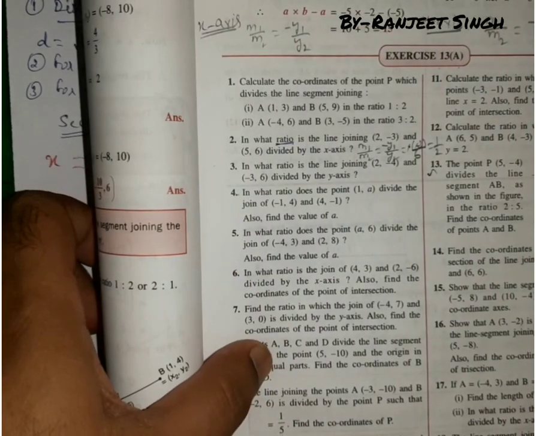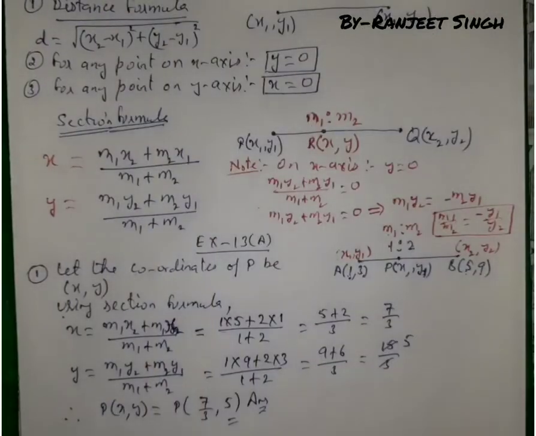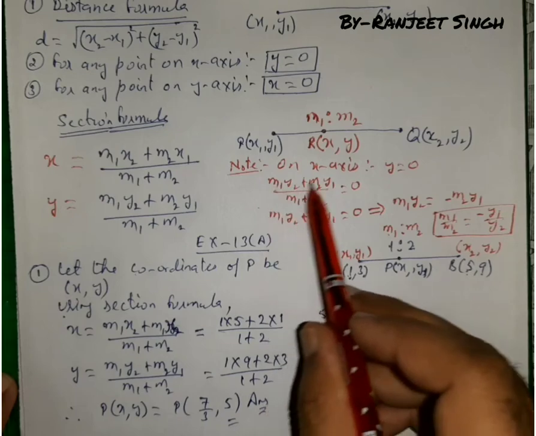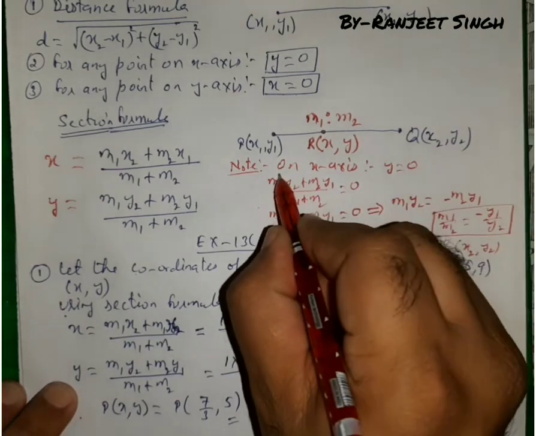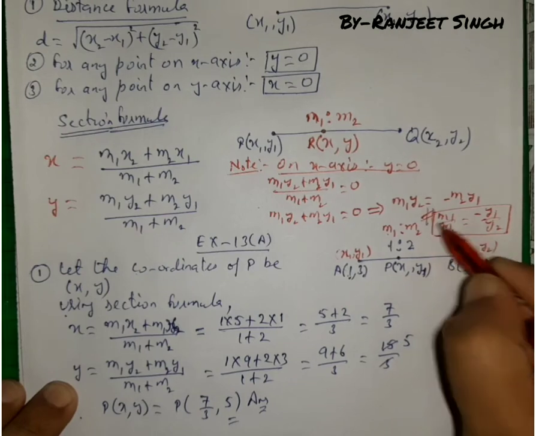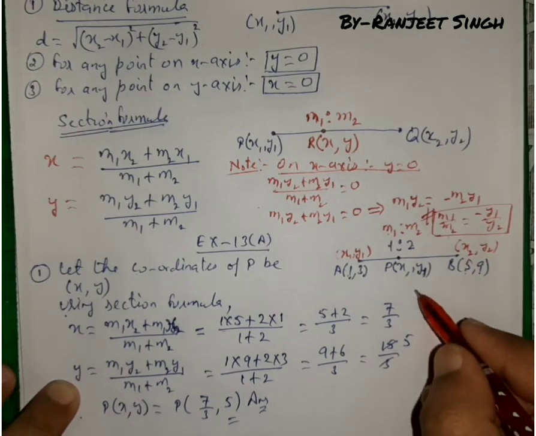Now looking at the solution part that we have to use. So this thing we can note. For a point on x-axis, y is equal to 0 and the ratio will be m1 over m2 equal to minus of y1 over y2.